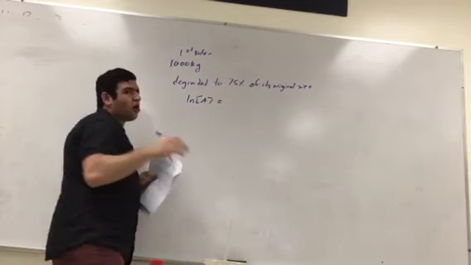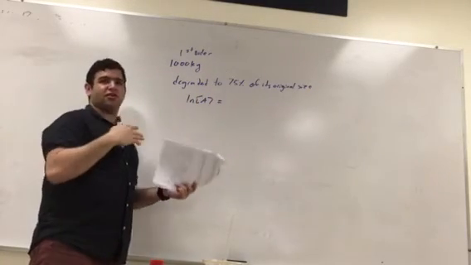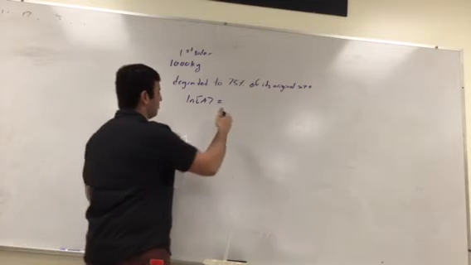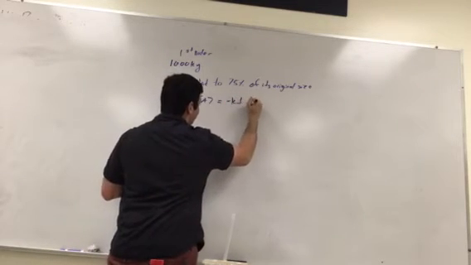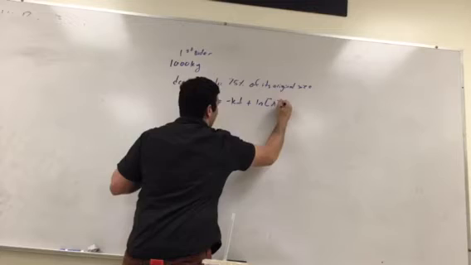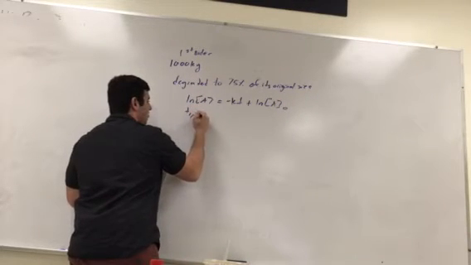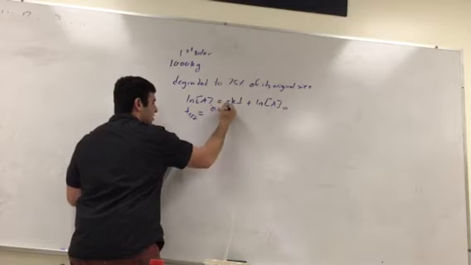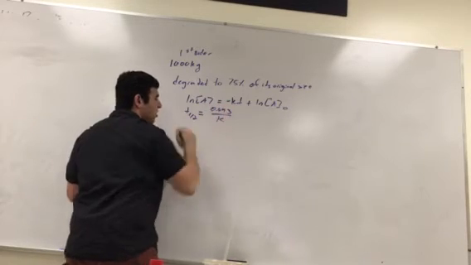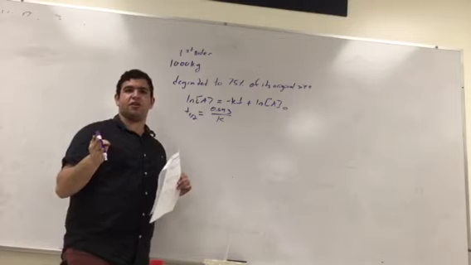Again, they're not all first order, but for the problems I'm doing, it happens to be first order. Negative kt plus natural log a naught, and then t1/2 equals 0.693. The reason why you write both is because you really don't know which way you're going to take, right?